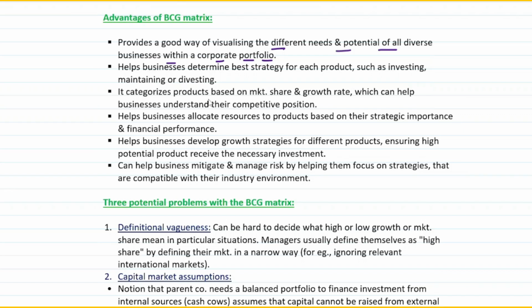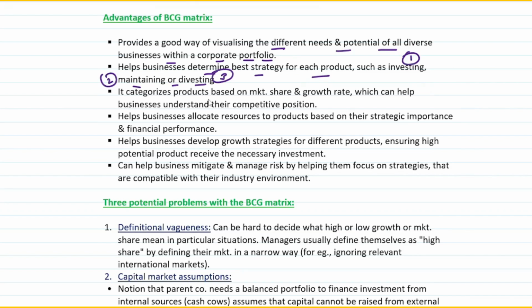In the portfolio, whatever you have, you can have a good visualization of that. It basically helps businesses determine the best strategy for each product, such as investing, maintaining or divesting. So it helps you in three things with respect to product strategy: one is investing, the second is maintaining, and the third is divesting the product. Divesting means dissolving if it is not profitable enough.